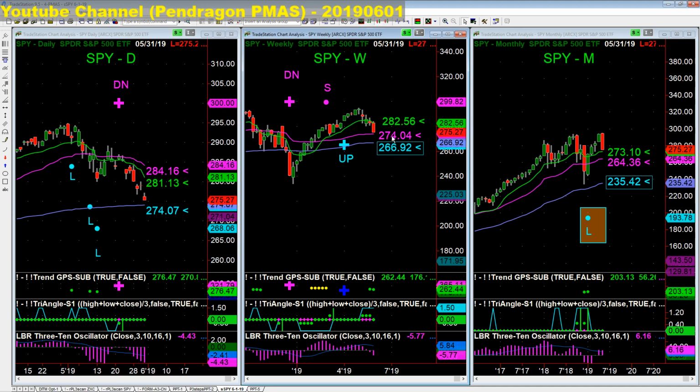So it's very close to the weekly support of 274.04. So that means at least on the weekly chart, it's potentially in a trading range. Now on the daily chart, it's still within the 3 lines. Again, it's very close to the purple line, 274.07. So that's the 3 steps.